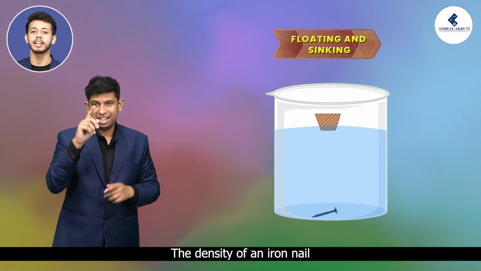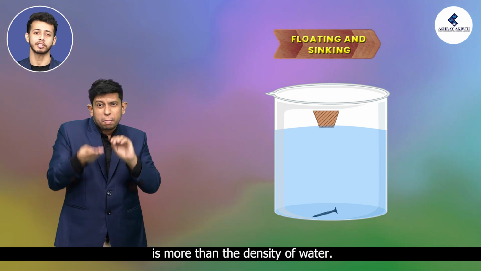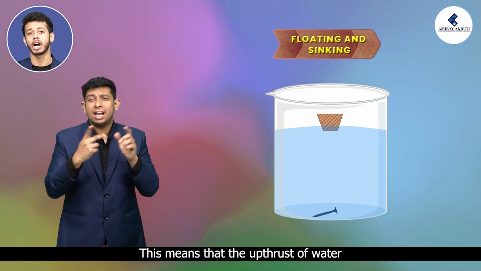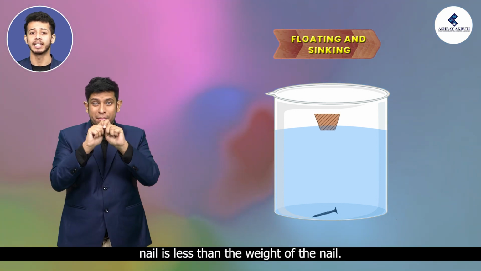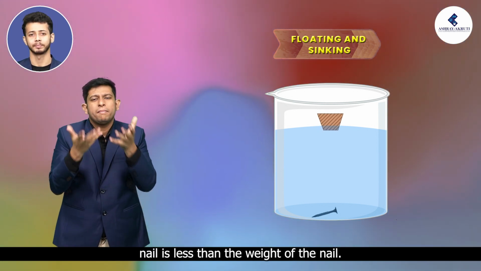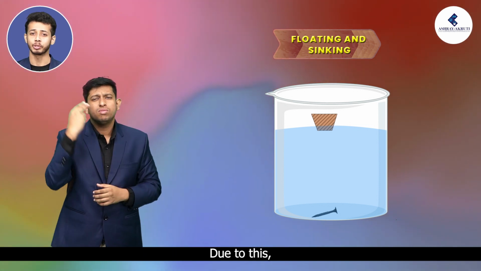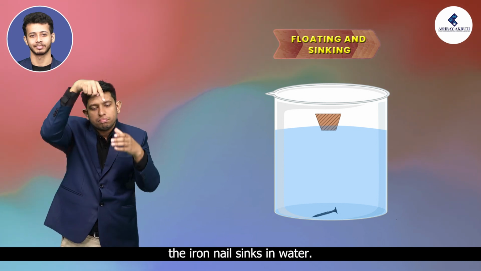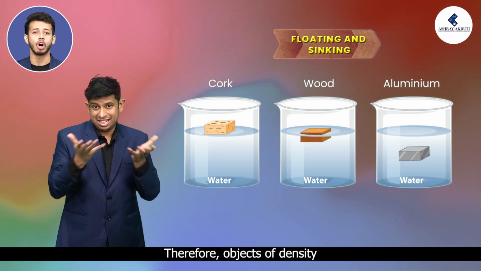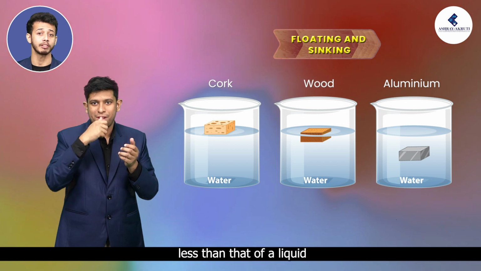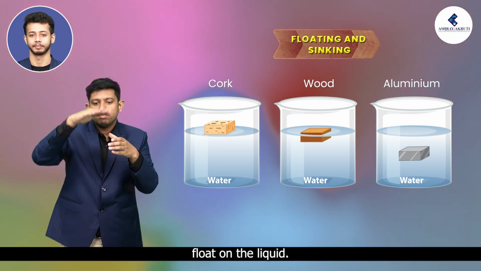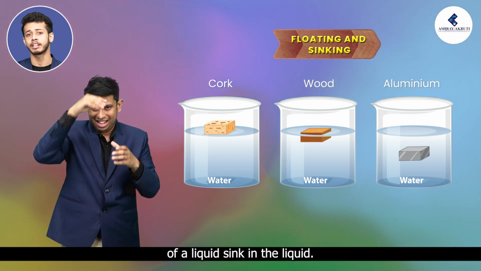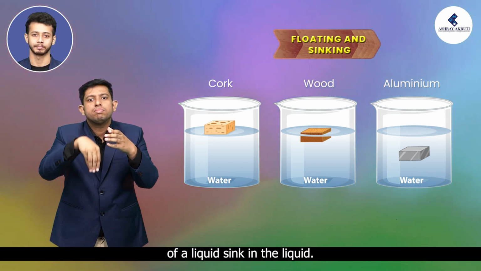The density of an iron nail is more than the density of water. This means that the upthrust of water on the iron nail is less than the weight of the nail. Due to this, the iron nail sinks in water. Therefore, objects of density less than that of a liquid float on the liquid. The objects of density greater than that of a liquid sink in the liquid.